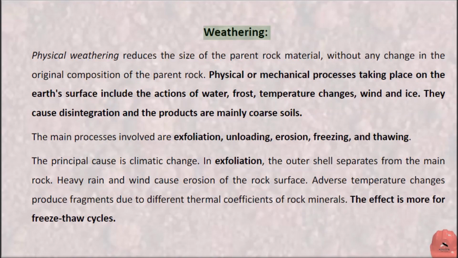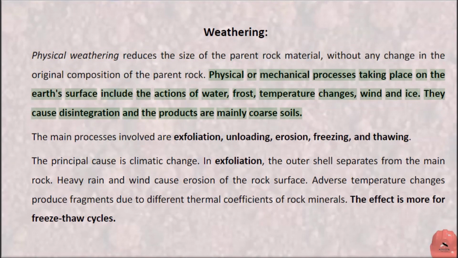Weathering. Physical weathering reduces the size of the parent rock material, without any change in the original composition of the parent rock. Physical or mechanical processes taking place on the Earth's surface include the actions of water, frost, temperature changes, wind, and ice.